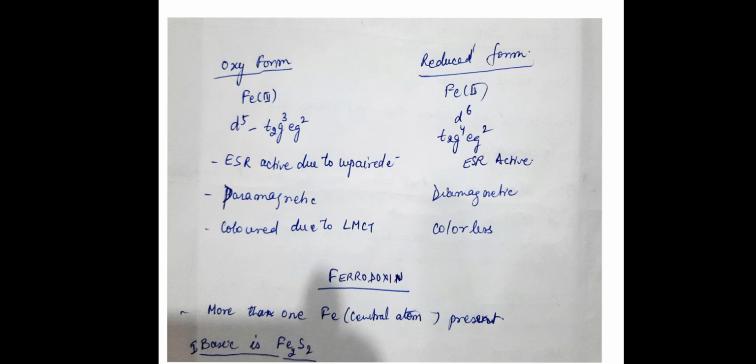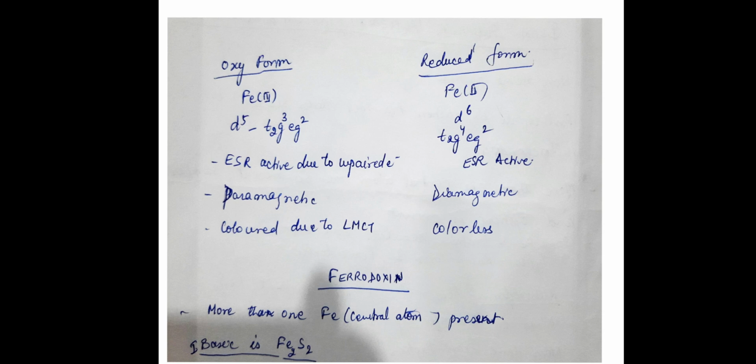And here in the reduced form, the ESR is inactive. You can write inactive in place of active. It is diamagnetic because the electrons are paired, and it is colorless because there is no charge transfer in the reduced form. So these are the properties of the oxy and reduced forms of rubredoxin.